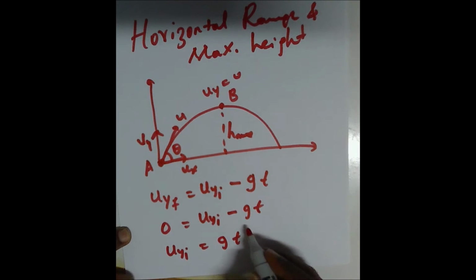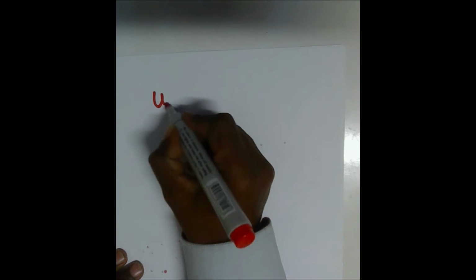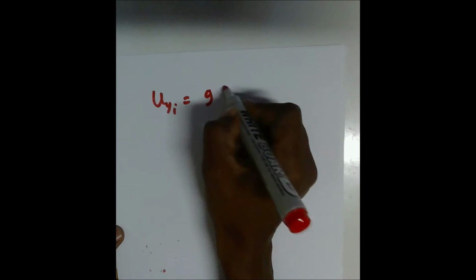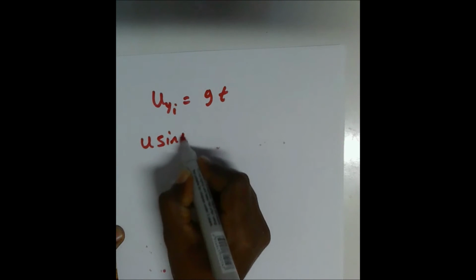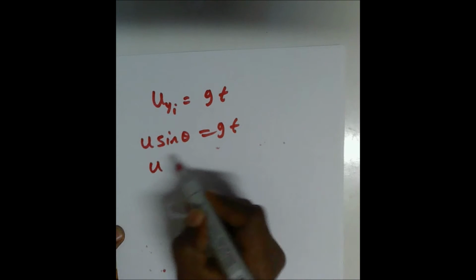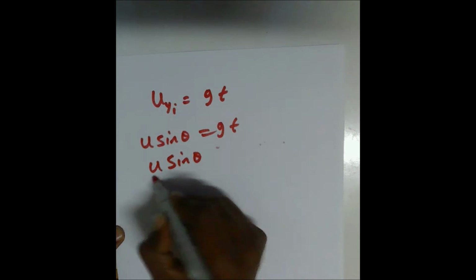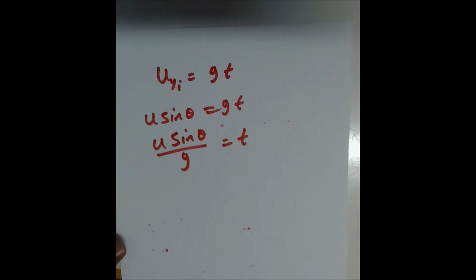Uy initial is already known, it is u multiplied by sine theta, which is equal to g times t. If you want to find the time, divide both sides by the acceleration due to gravity, then you get the time for the half trajectory.